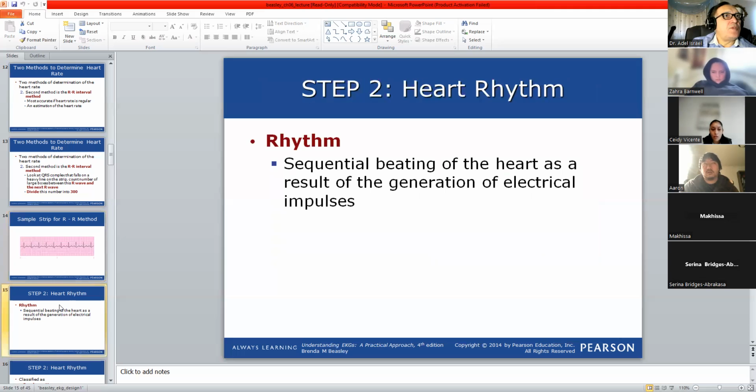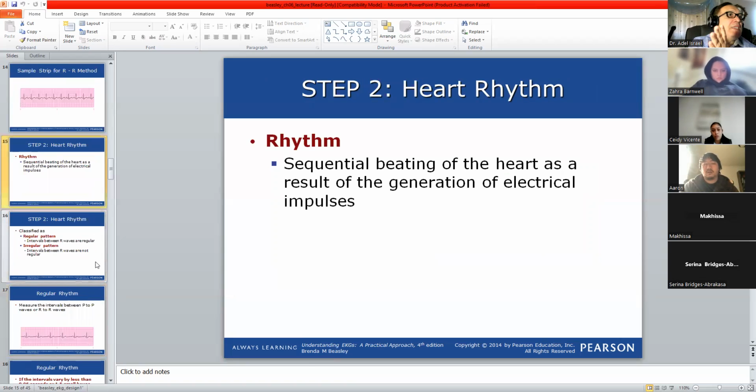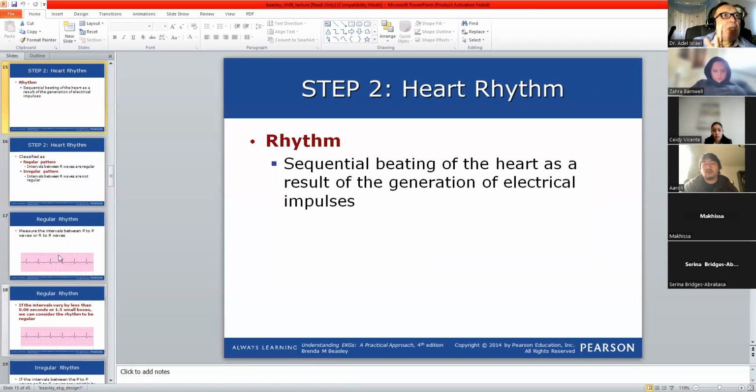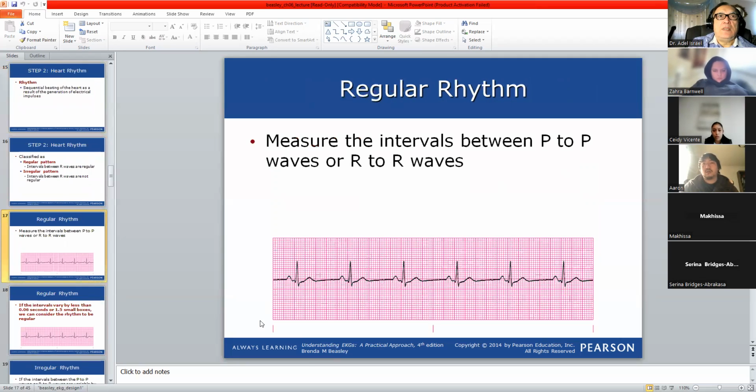Then we are going to answer the second step, which is regularity. All I need from you is to tell me if it is regular or irregular. Regular means what? The distance is almost fixed between R and R. If I find it is not fixed, I will say this is not regular. Let us see. This one is regular or not regular? From a first glance, it looks regular because it looks like the spaces are all equal.